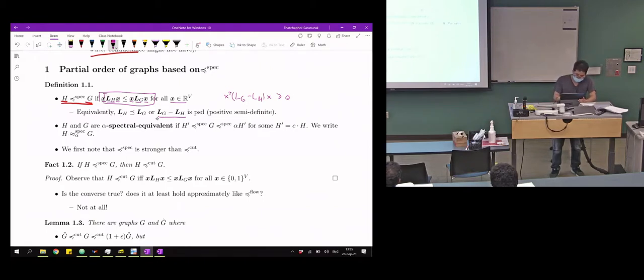People also write it like this, to say that LH is less than LG when LG minus LH is positive semi-definite.